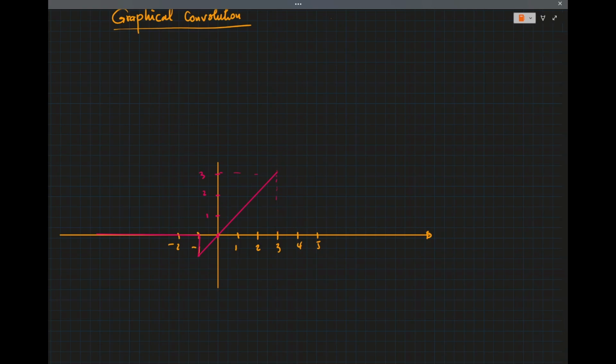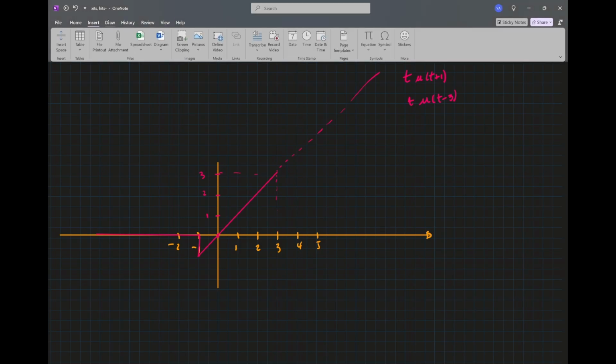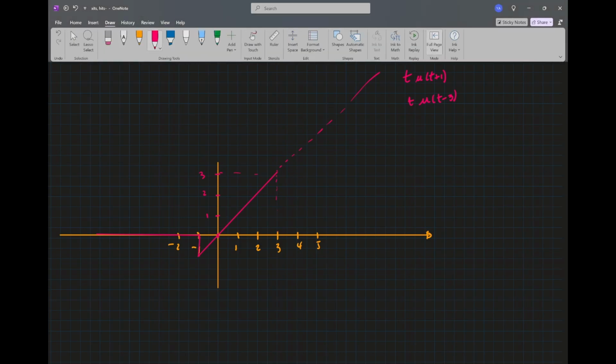This is t times u of t plus 1. Now t times u of t minus 3 is also a straight line, but it starts from 3.